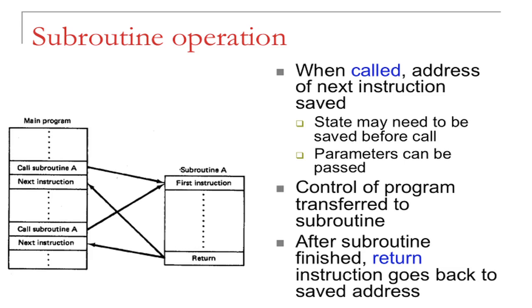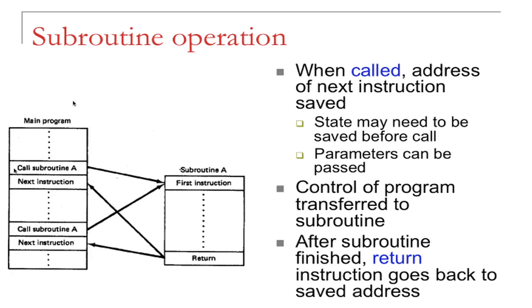So we mentioned earlier that when we make the call to a subroutine, we will be able to get back to my next instruction once that subroutine is completed. So how can we make that happen? When a subroutine is called, the address of the next instruction is saved.